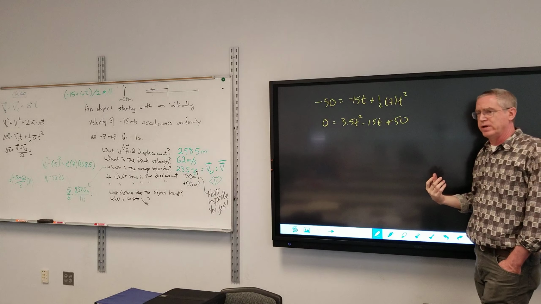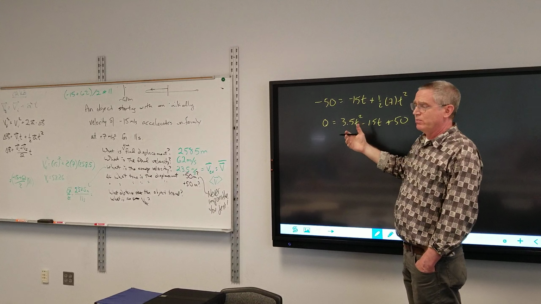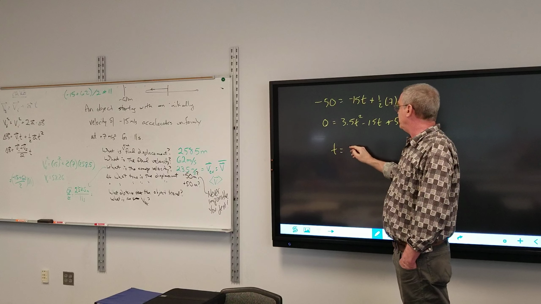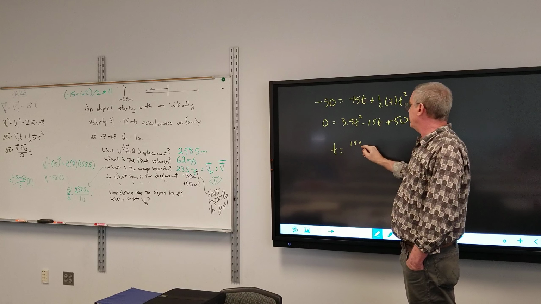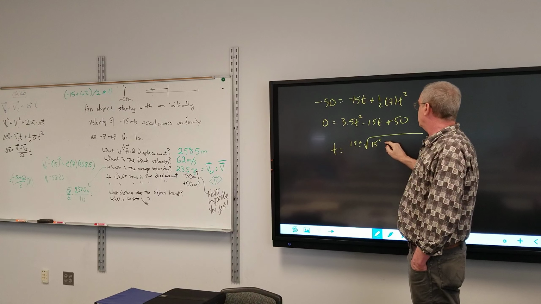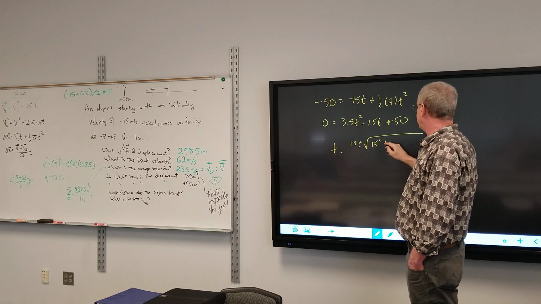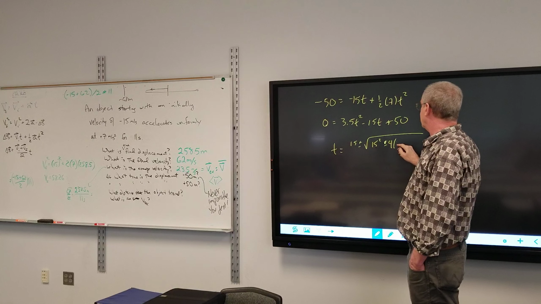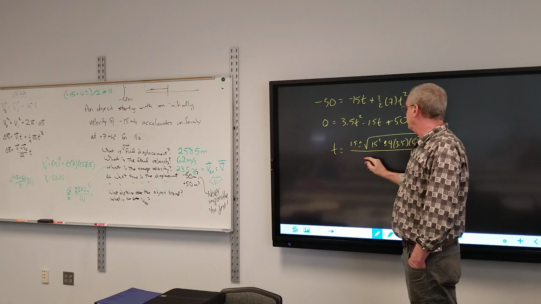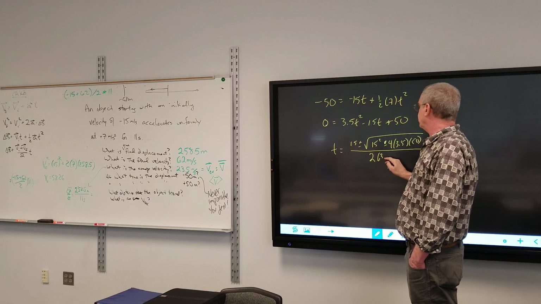Getting everything on the right. If you want to divide by 3.5, go for it. But t would be 15 plus or minus the square root of 15 squared, minus 4 times a times c, over 2 times a.